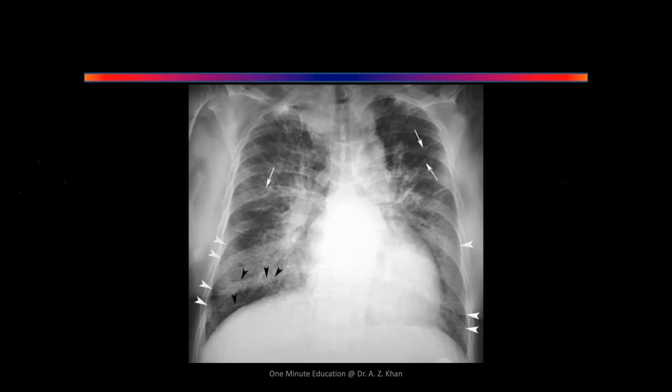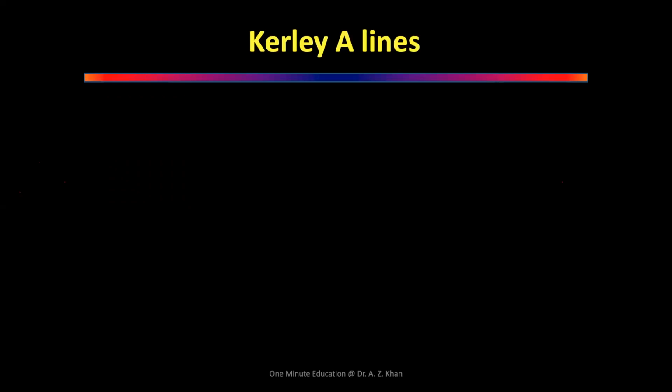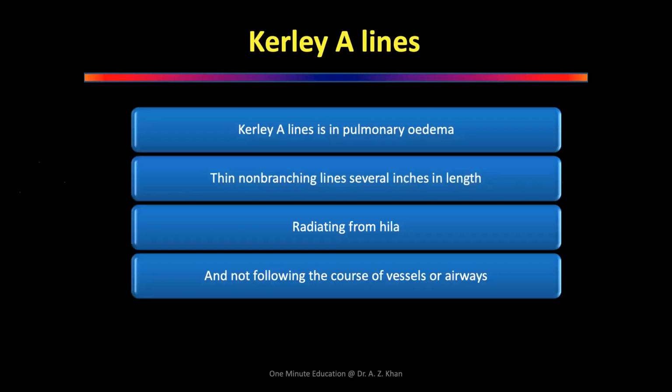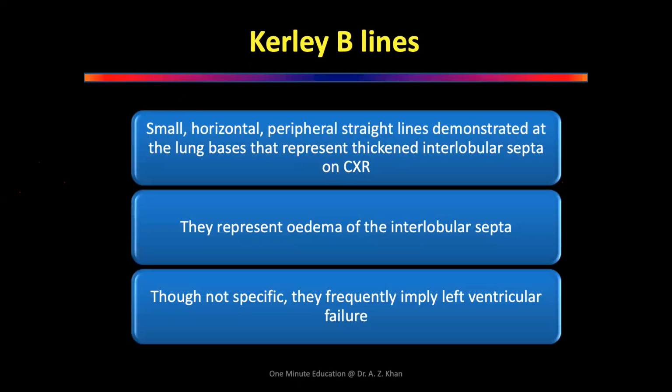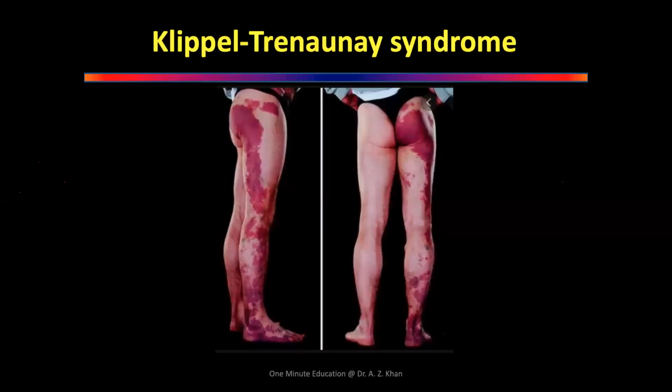The white arrowhead is Kerley's line C, and the black arrowhead is Kerley's line B. So one is because of lymphatics, one is because of interlobar septa, and the third one is because they are cut head on. So they are end-on. That's the word you have to use. Make sense? Yes or no? Yes, sir.